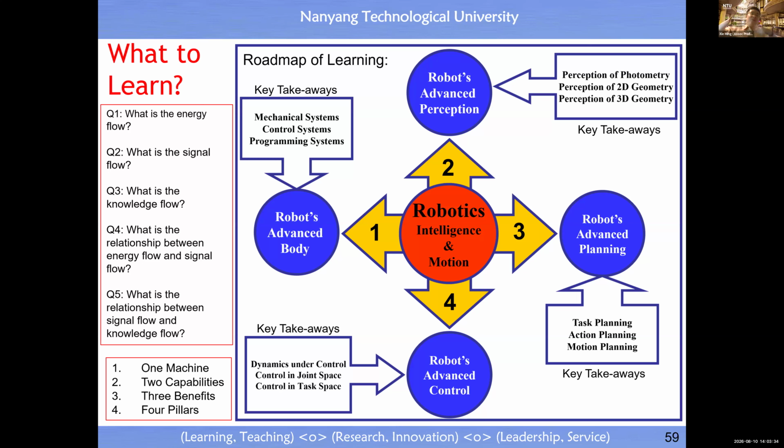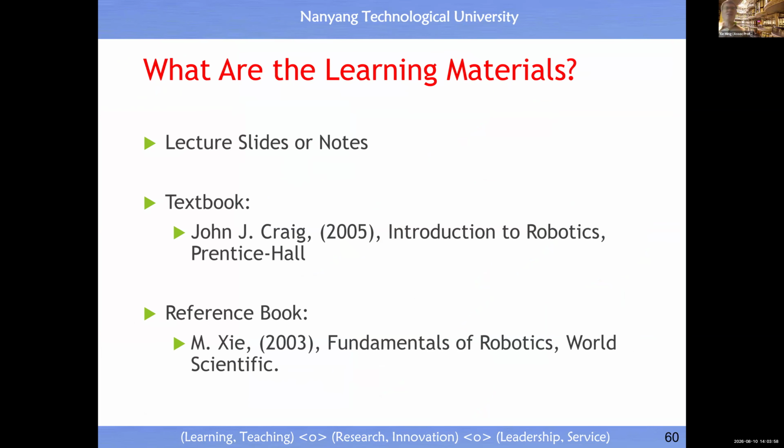You can leverage the content of 4A32 to complement your study. We just cover the modules on advanced body, advanced planning and advanced control. Advanced planning also helps you to understand the scope of the study of AI, or 4A29, etc. So this will be the scope of study for this course.